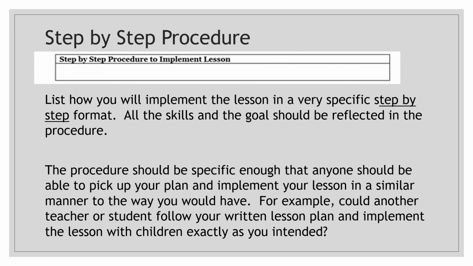The procedure should be specific enough that anyone should be able to pick up your plan and implement your lesson in a similar manner to the way in which you would have. For example, could another teacher or a student follow your written lesson plan and implement the lesson with children exactly as you intended?